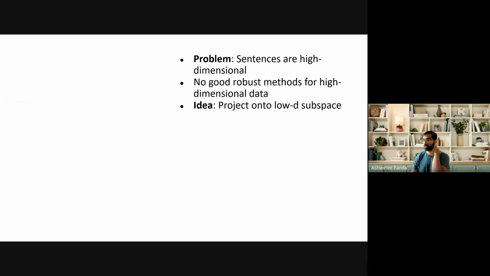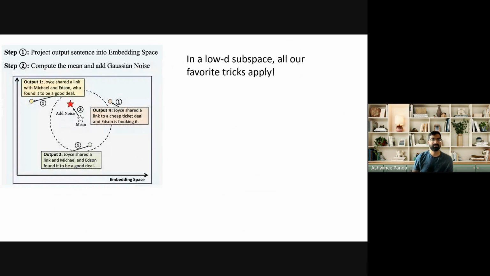Given that our sentences are high dimensional, what we're going to do is project that data into a low dimensional subspace. We're going to take our output text. Here are examples of different outputs; in this case, we are generating a summary of some block of text. These different outputs, we're all just going to project them down into embedding space with a publicly available embedding model.